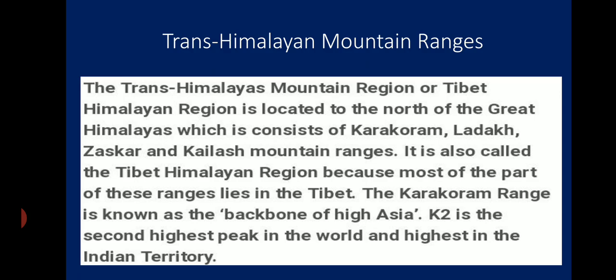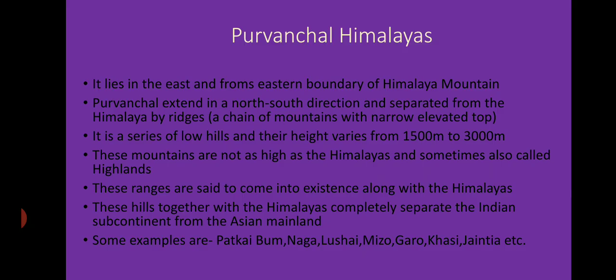It is also called the Tibet Himalayan region because most of this range lies in Tibet. And here we see the Karakoram range, the world's second highest, also known as the backbone of High Asia. This is one of the important ranges of the Trans-Himalayan.